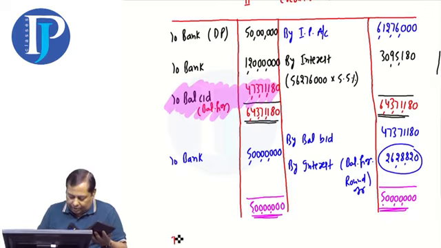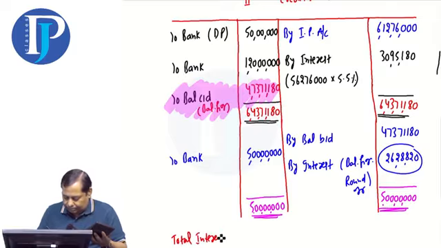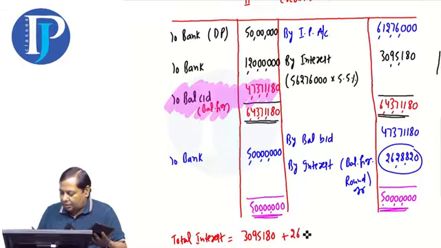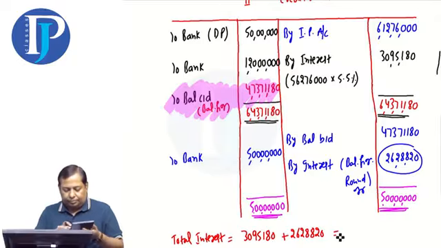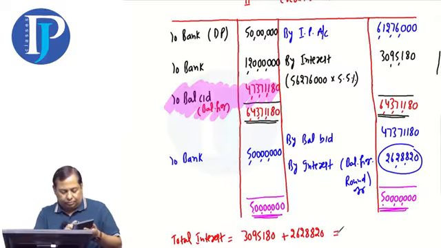Tell me the total interest. How much is it? 3095180 plus 26,28,820 is 57 lakh 24,000 rupees.